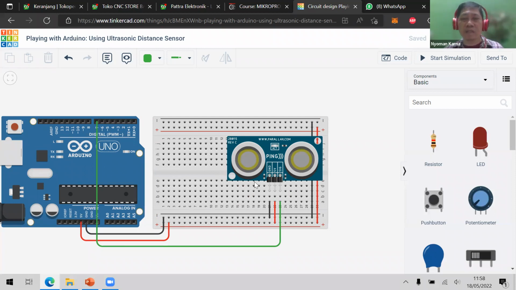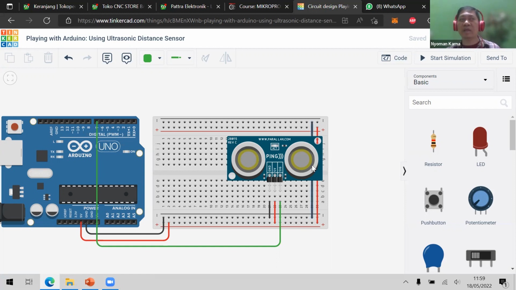So once one of the speakers transmits that high frequency, if there is an object in front of the sensor, that sound will be reflected back to the second sensor. So this one will send ultrasonic sound, and then it will be reflected back by the object to the second sensor.